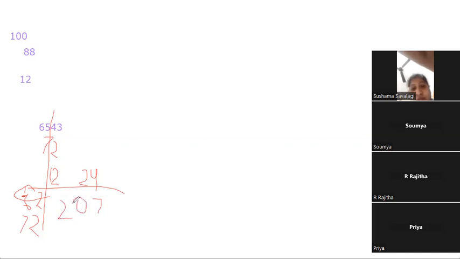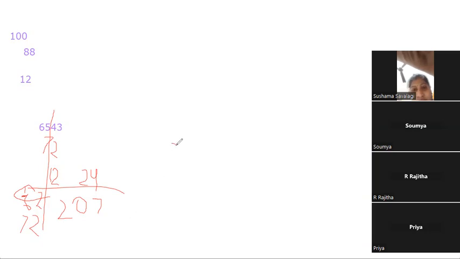207. So 207 cannot be the remainder. So how many 88 can you take out from 207? How many 88 can be taken out? 2.